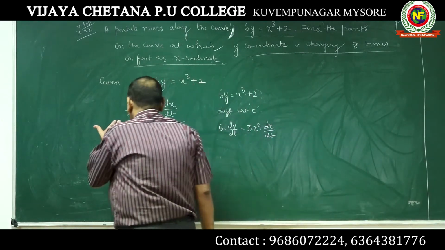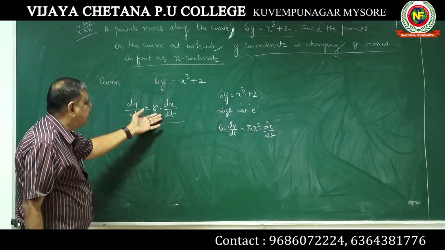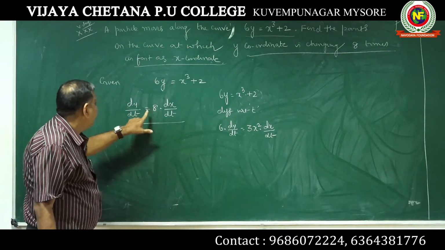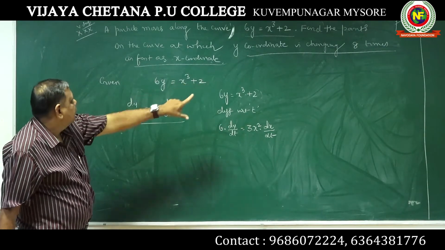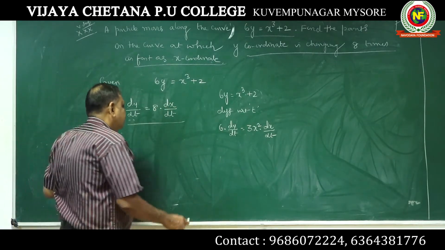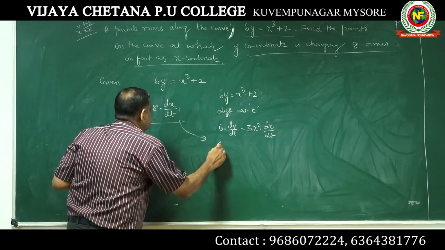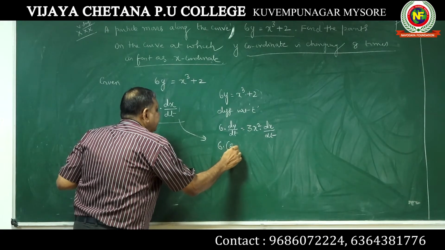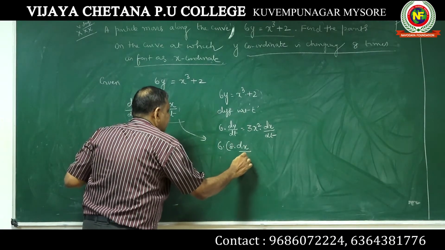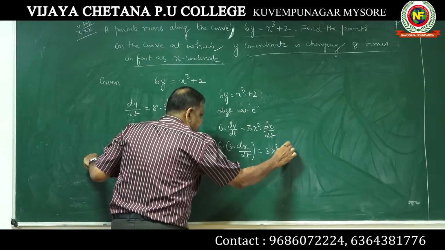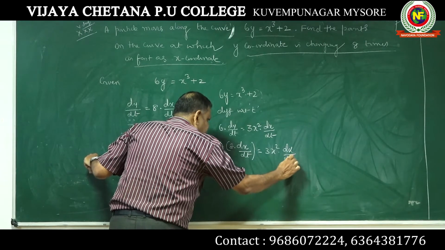But given that dy by dt is 8 times dx by dt, you have to substitute dy by dt as 8 times dx by dt. So 6 into 8 into dx by dt is equal to 3x square dx by dt. Understood what I am doing?